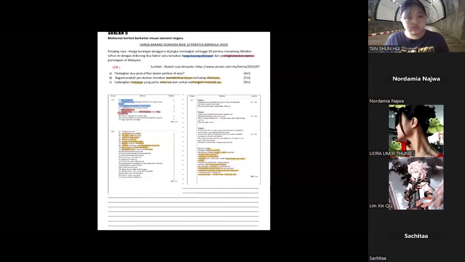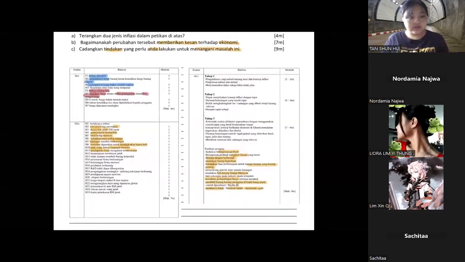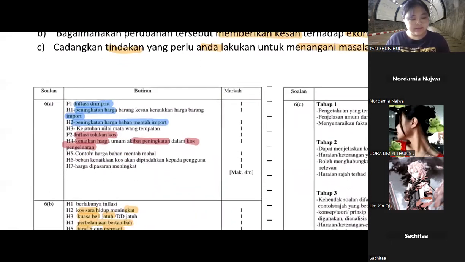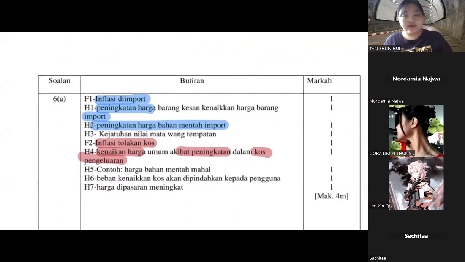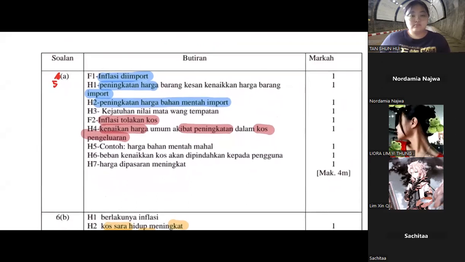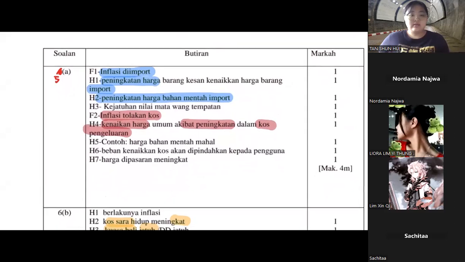I can screenshot. Okay, never mind. I gotta zoom out part by part. This is the question 5A. You screenshot first. And this is 5A. Let me know. Okay, you're done.